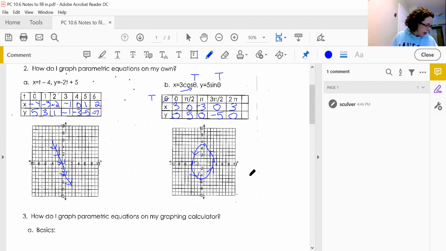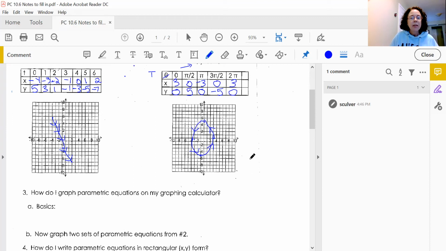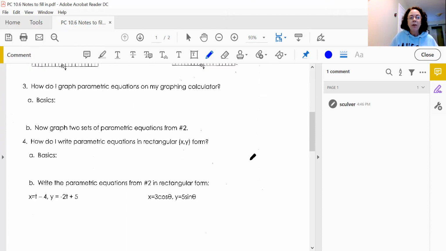Okay, on number 3, how do I graph parametric equations on my graphing calculator? Okay, so let's go here. So here are the basics, right? When to use parametric equations, your mode has to be in parametric. So that is right next to the function. And we'll show you too. It is the 4th line down. You have to be in parametric.